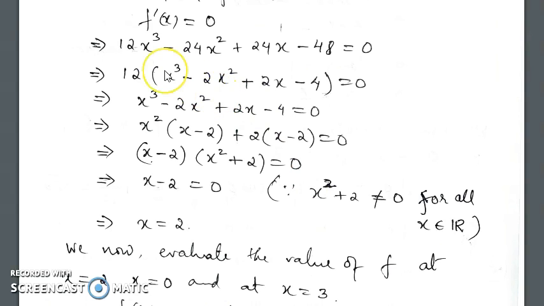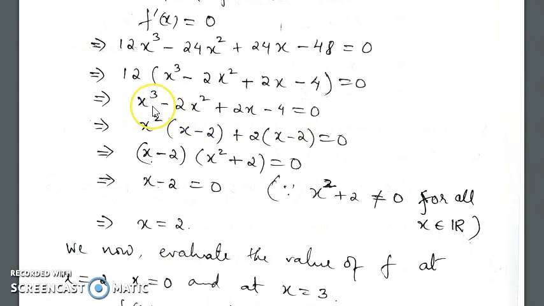And then after that, 12 is common. What is remaining, you write it here, equal to 0. Next, 12 cannot be 0, so the term inside the bracket should be equal to 0.